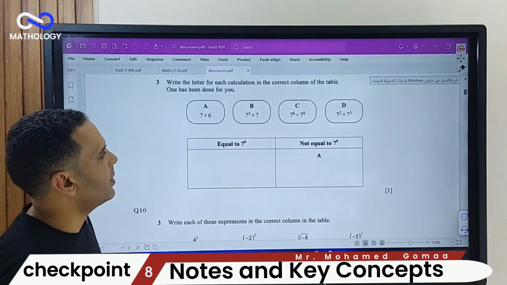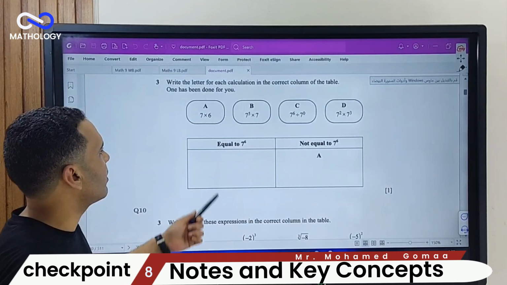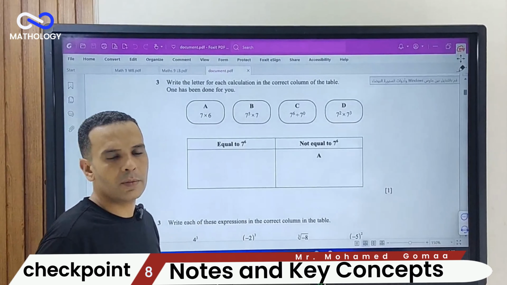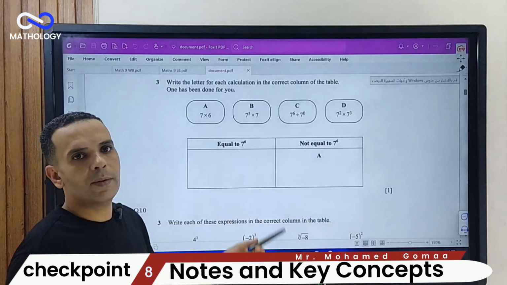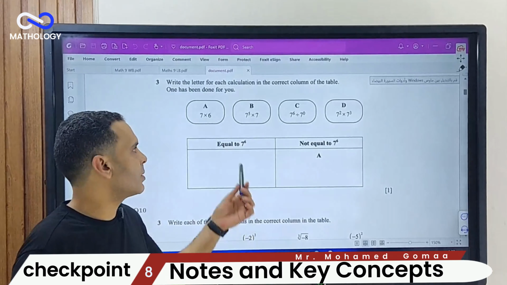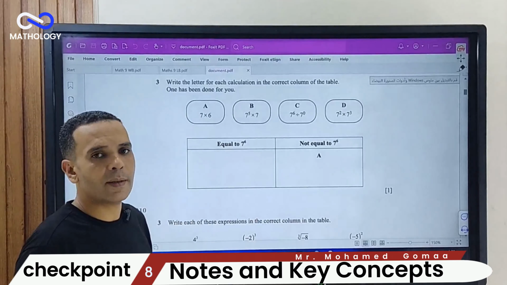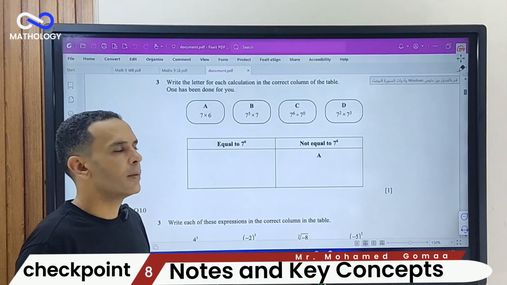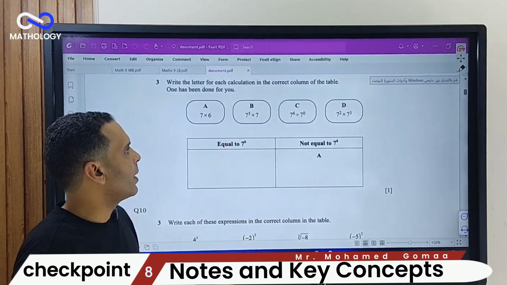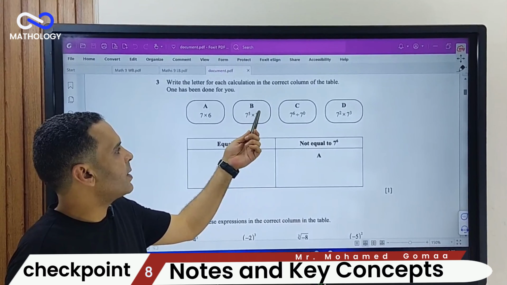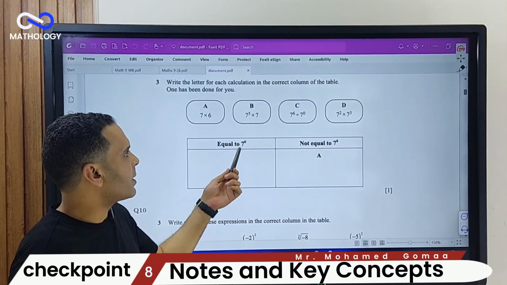Each one of them equals 7 to power 6. The first one equals 42. We can't use the rules of the powers because here we have different cases. 6 and 7 will be 42. 7 to power 5 multiply 7 power 1 equals 7 power 6.